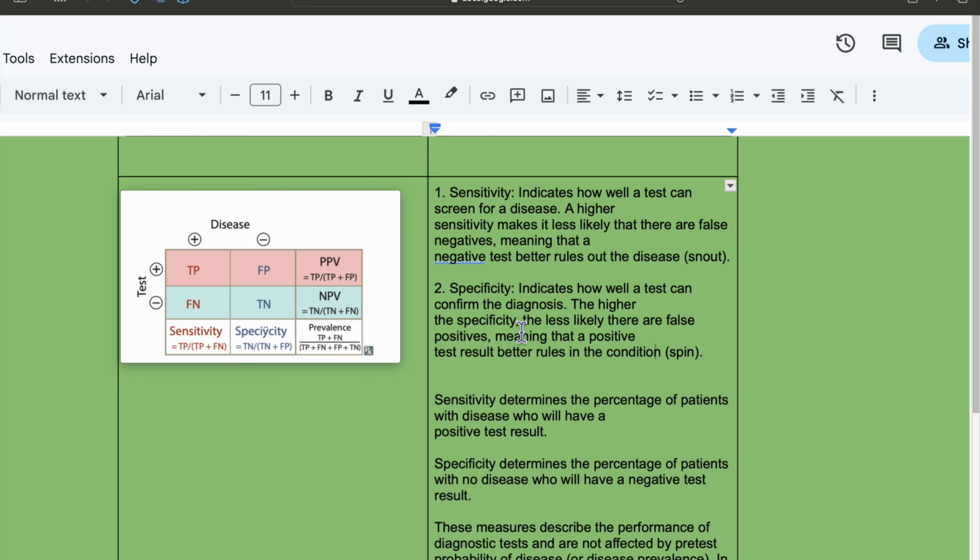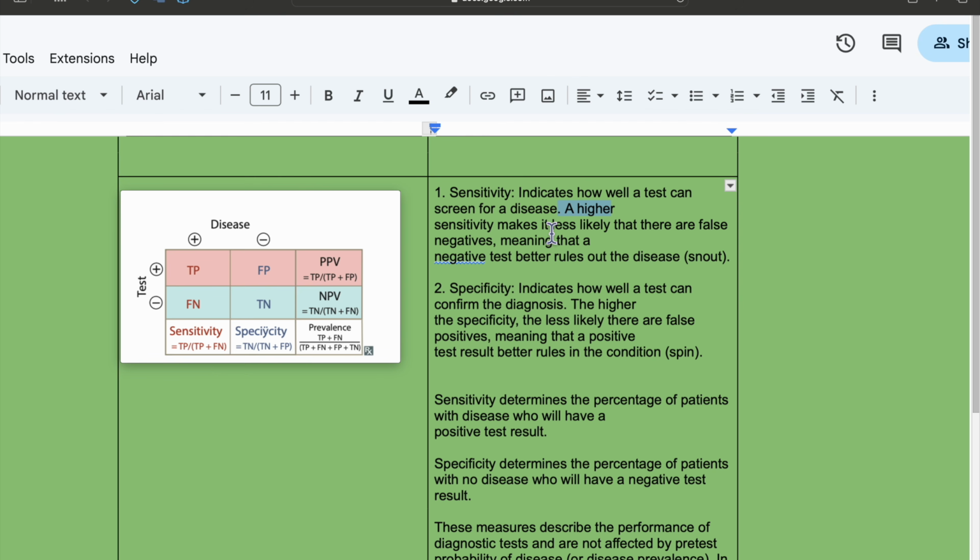The higher the specificity, the less likely there are false positives, right? So if you do a specific test, chances are there are lower false positives. That means there is a better rule in of the condition. Okay. Sensitivity indicates how well a test screens for a disease. So we're screening, like ANA is a good test to screen for the disease.